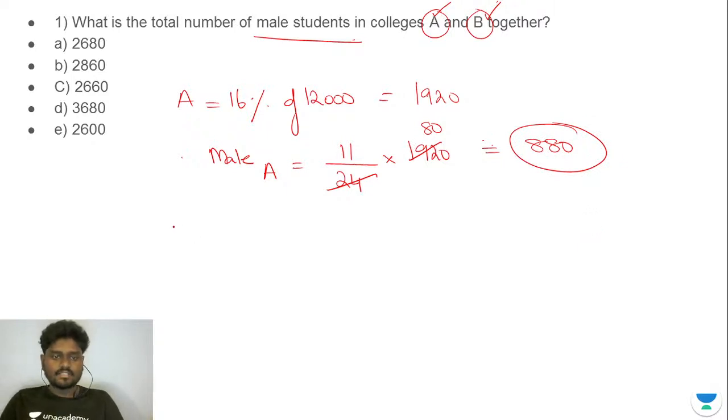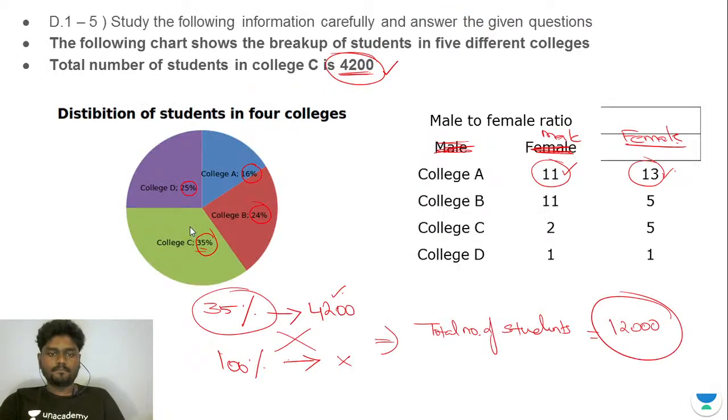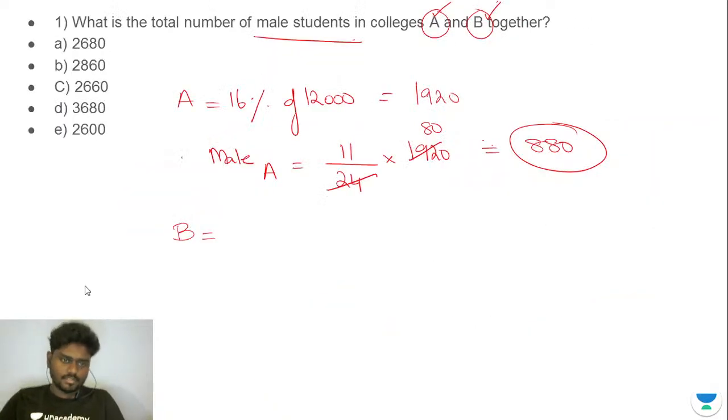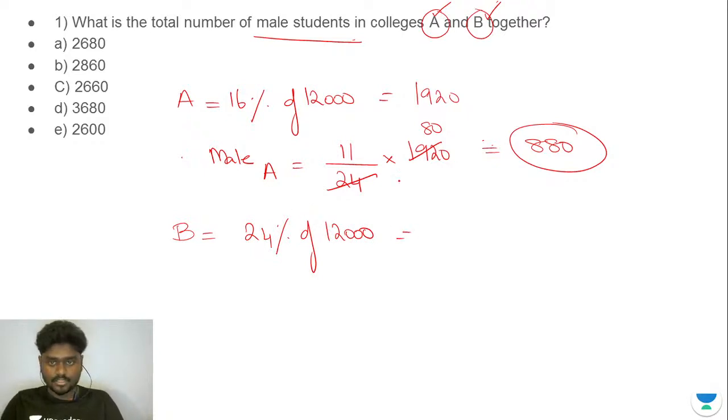In the same way, let's find the total number of students in college B. College B has 24%. So you find what is 24% of 12,000. If you try to find this, 24% of 12,000 is going to be 2,880.